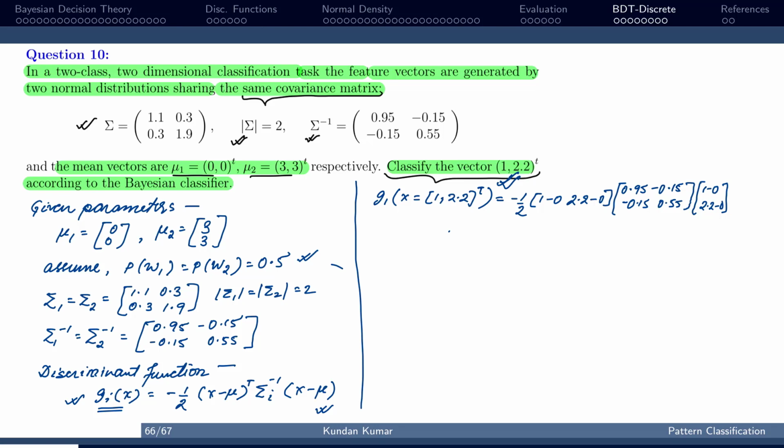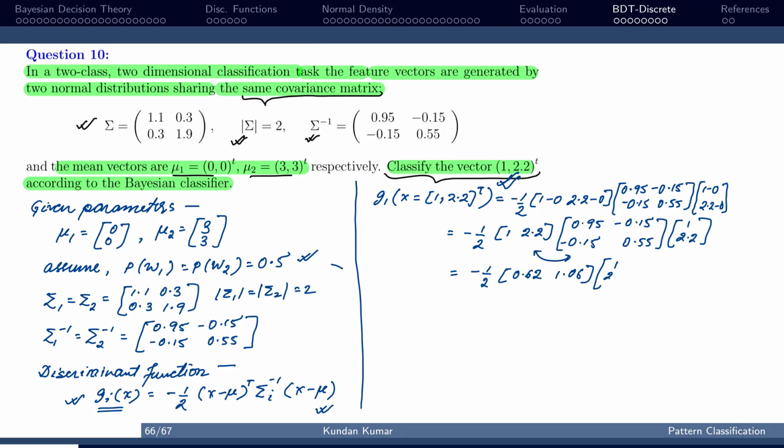Okay, so after solving, just multiply these two matrices, we will get (0.62, 1.06) into (1, 2.2).